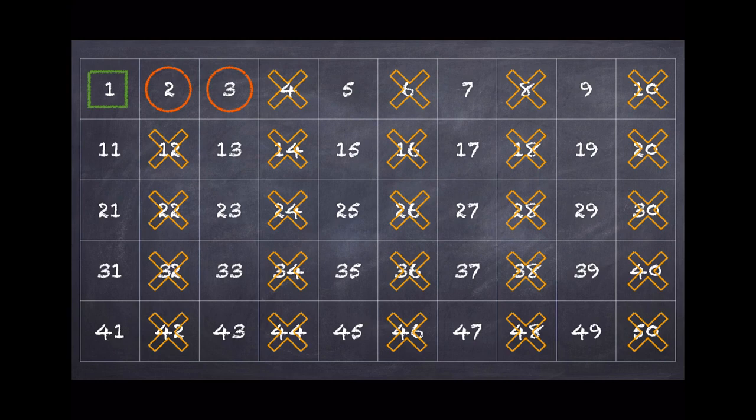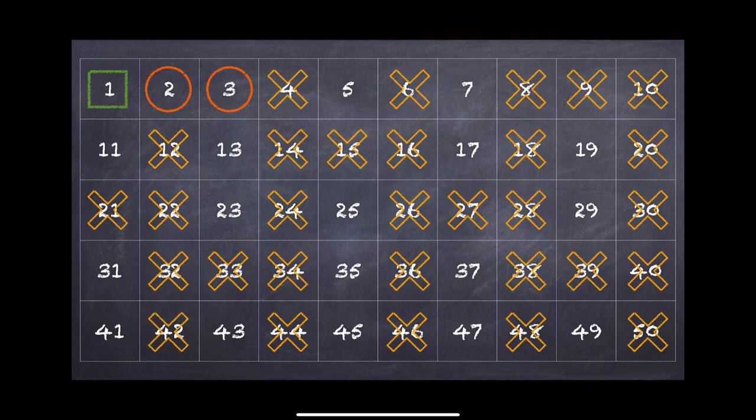So 6, 9, 12, 15, 18, 21, 24, 27, 30, 33, 36, 39, 42, 45 and 48 are all composite numbers. Next, let us encircle 5 as a prime number and cross out every multiple of 5.